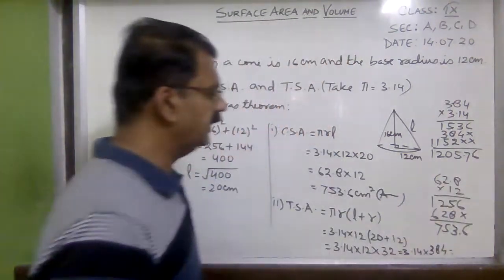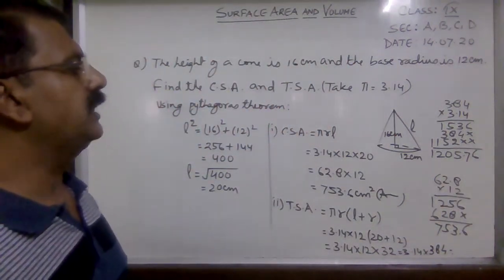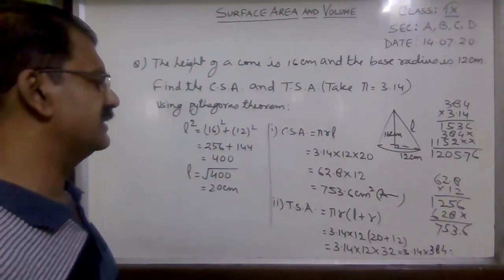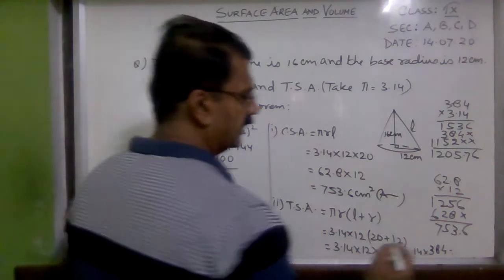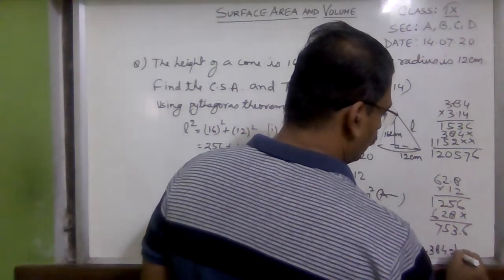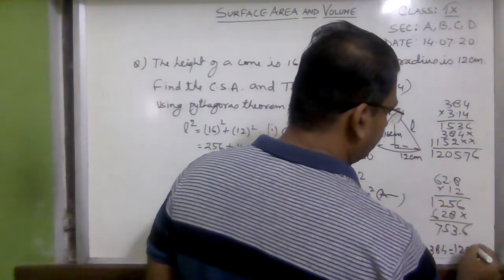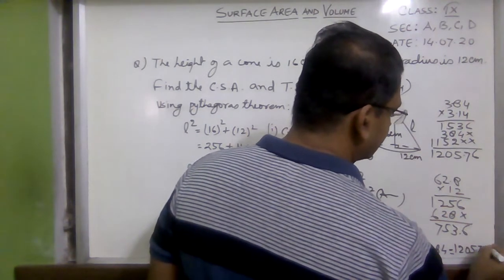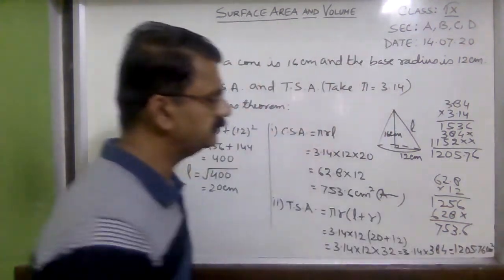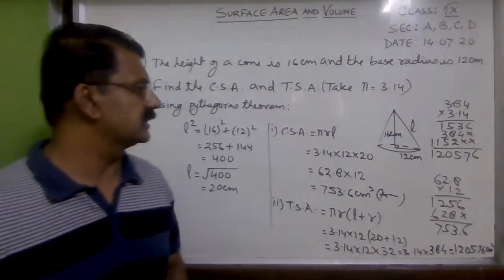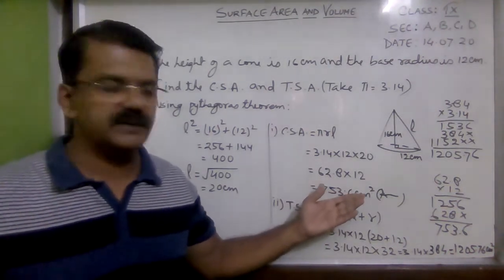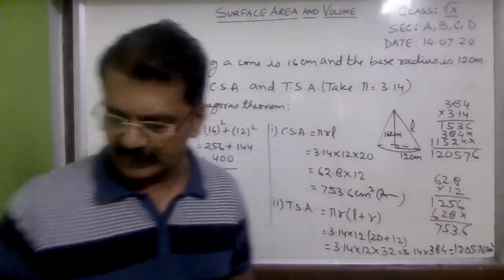So the answer will be 1205.76 centimeters square. That is the total surface area. This is curved surface area and this is total surface area.